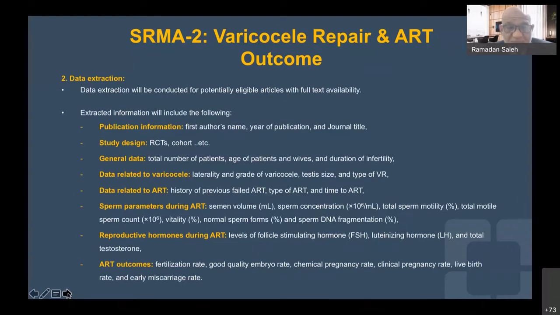The reproductive hormone levels will also be used, as they are important confounders, like follicle-stimulating hormone, luteinizing hormone, and total testosterone. The ART outcomes are already mentioned, and these are the main and additional outcomes in our study, and the remaining items will be used for subgroup analysis.